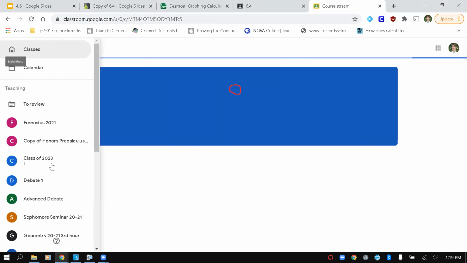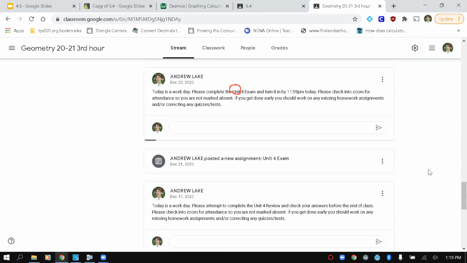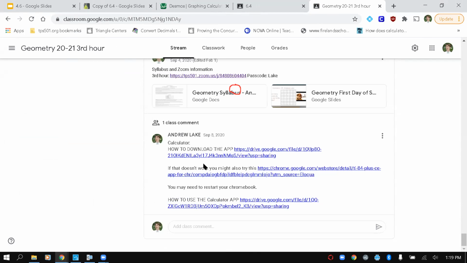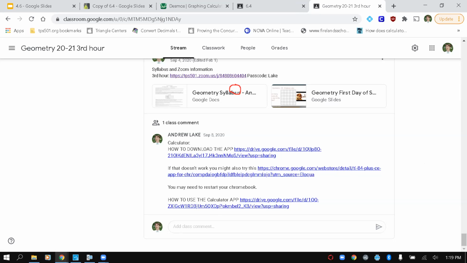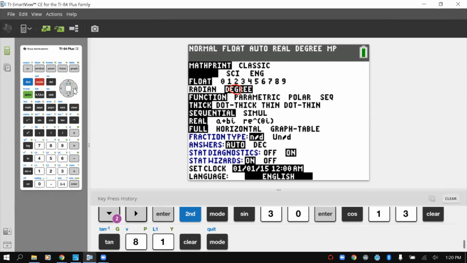If you downloaded the calculator from Google Classroom, which in Classroom is all the way at the bottom, like what we did on the very first day of school, and want to use that for the homework, you have to do a little bit of setup first. You have to hit mode here in the top left, and it will, I believe, be defaulted right now to radians, and you have to switch it so degree is highlighted.